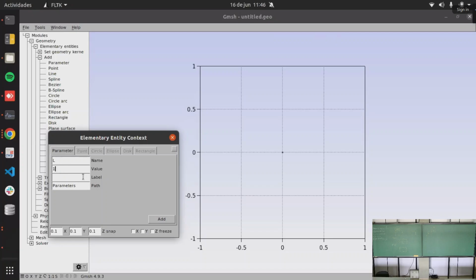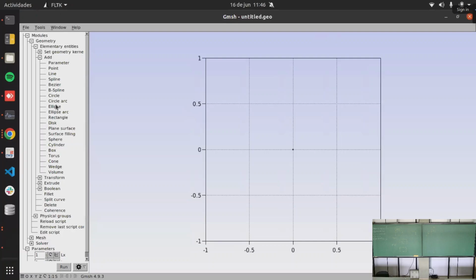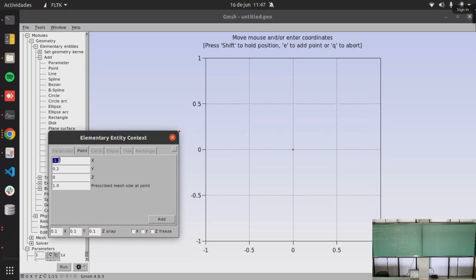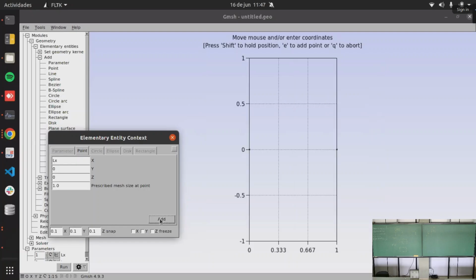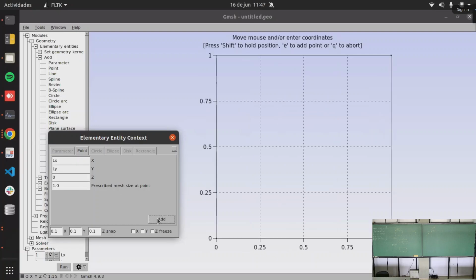We will start with a value of 1, and maybe I want a rectangle, so I will change that size for X and for Y. After that, I start creating the other points. Point Lx, 0, and Ly, the other point.